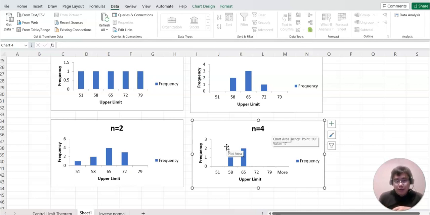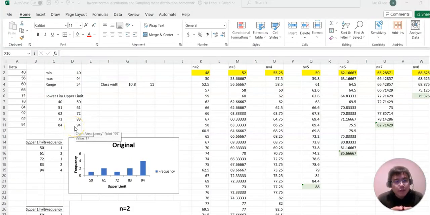Okay, so I'm going to show some examples, so give me a second. This time I organized 10 data here. Before it was 5, now it's 10, so it's kind of double, right? So this is my original graph here.